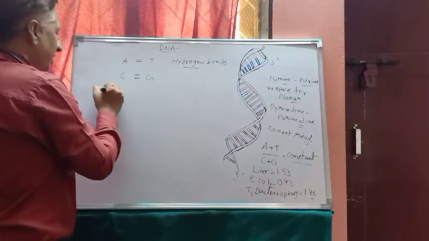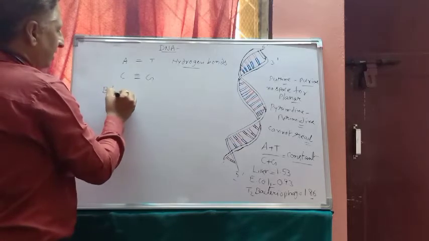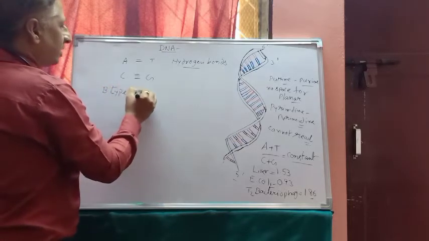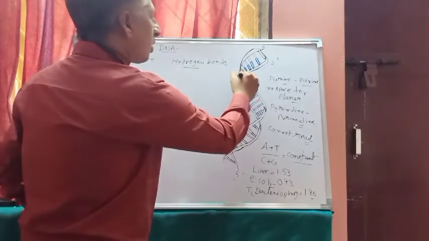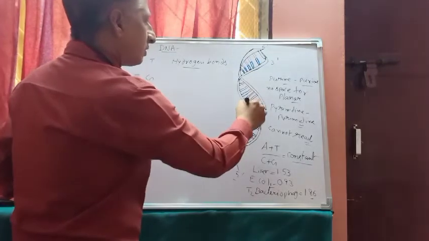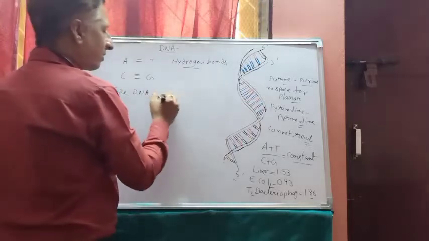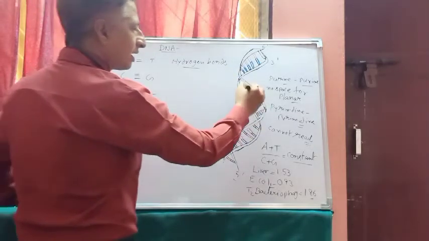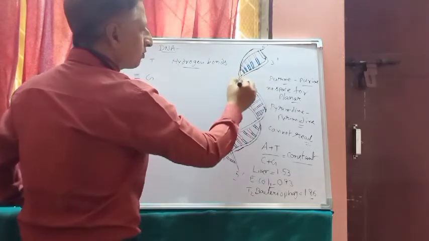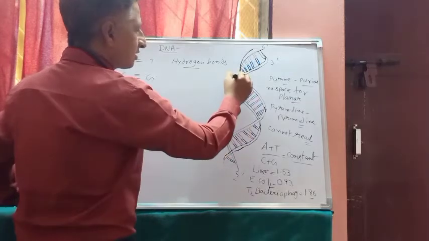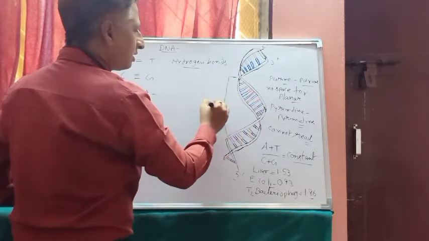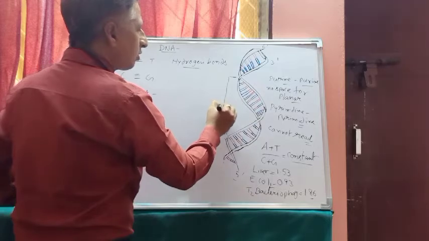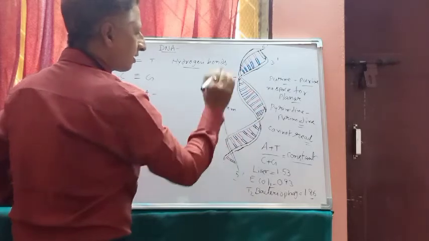Next, if you want to go for the dimensions, in the B type DNA, one DNA fragment, from here to here, this is the minor groove. This is called the major groove. From here to here, this is 0.34 nm.